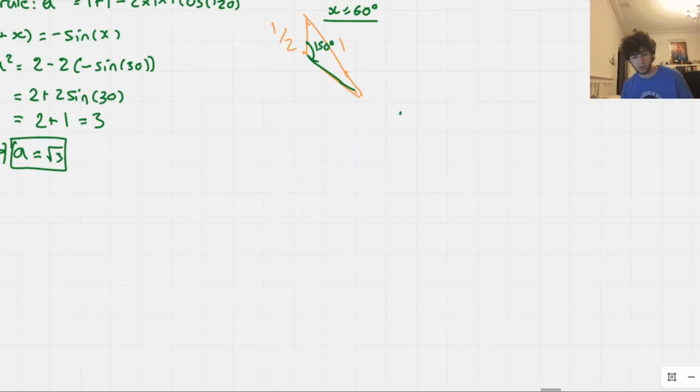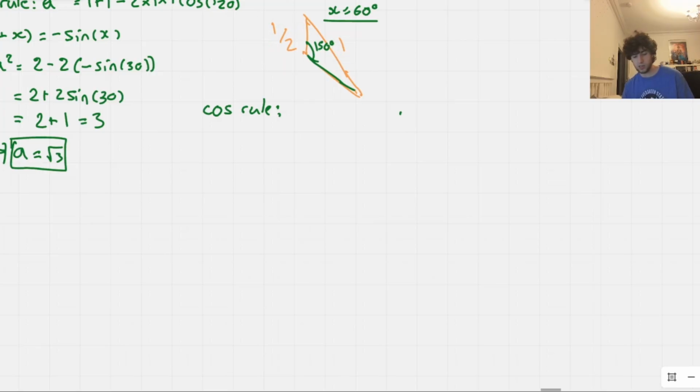So the cosine rule effectively gives us that x squared is equal to 1 plus a quarter minus 2... Oh, no, sorry. I'm going to have to be careful about how I label my A, B, and C. So let's label this A, this B, and this C, because then we have this angle, the only angle that we can ascertain at the moment.